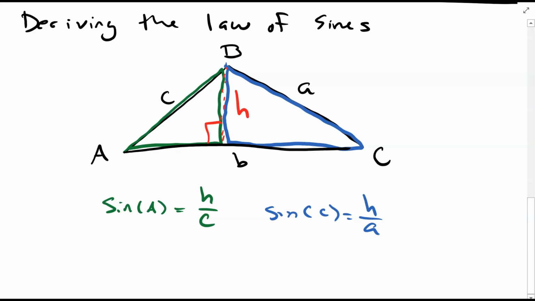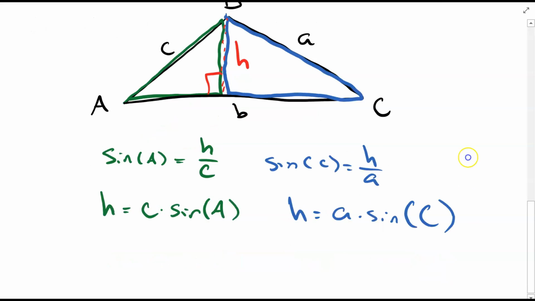Everybody catch that? Okay. Now I notice there's a variable in common with each of these triangles, that variable being h. So I'm going to solve each of these two equations for h and then set them equal to each other. In the first equation, I can cross multiply to get h equals b times sine A. Oops, that's a lowercase c. And in the second equation, I get h equals a times sine C. That's supposed to be an uppercase C there.